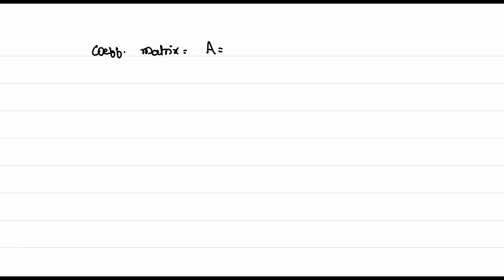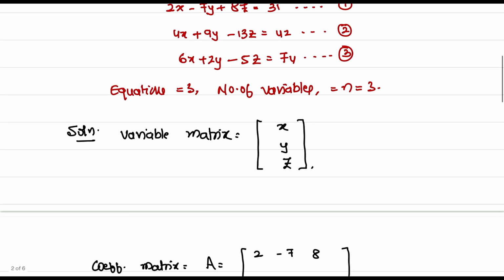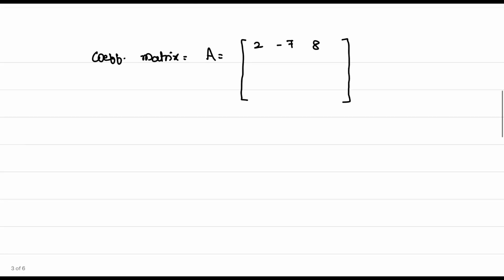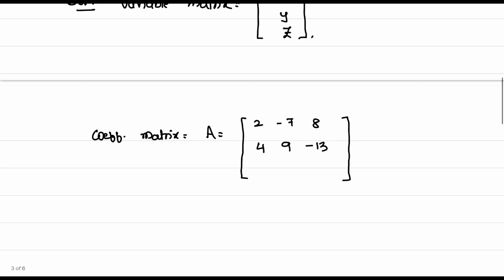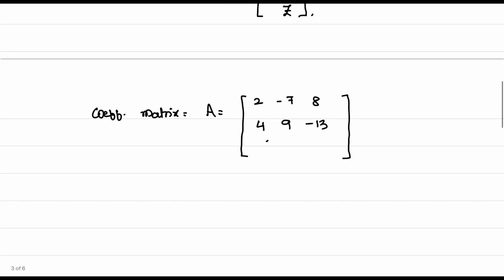Coefficient of X, it is a 3 by 3 matrix. First row is 2, minus 7, 8, second row is 4, 9, minus 13, third row is 6, 2, minus 5.